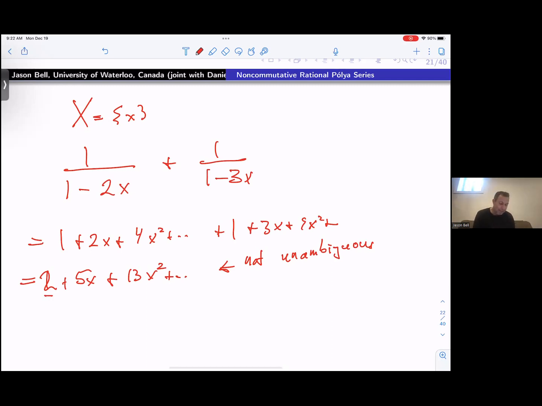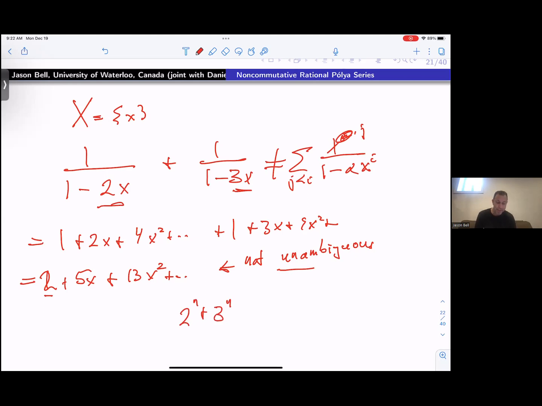It demands a proof as to why this can't be written unambiguously, but intuitively it makes sense that you can't separate this into something of this form. That's an exercise, but basically in the one variable case, you can convince yourself that you really do have to get a Pólya series to be unambiguous, and you can see that this isn't a Pólya series by this criterion, where we know our coefficients are something like 2 to the n plus 3 to the n, which does not lie in a finite set. So for any r bigger than 1, this is not in a finite set, so we can see that this is not unambiguous.